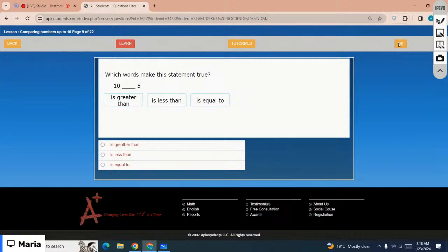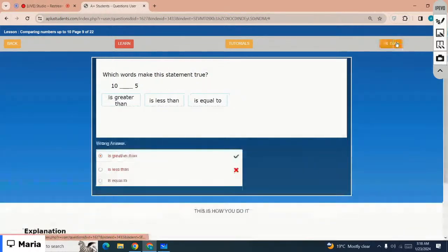That means 10 is less than 5. Oh, sorry, 10 comes before 5 when counting. So 10 is greater than 5, sorry.